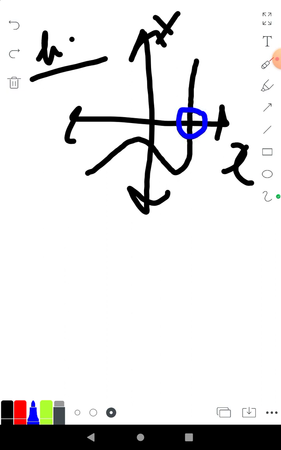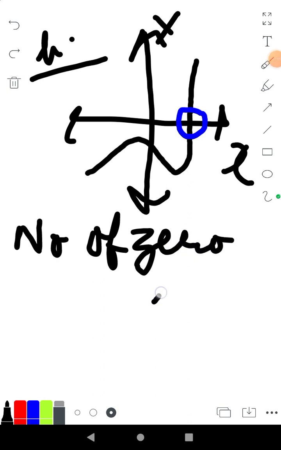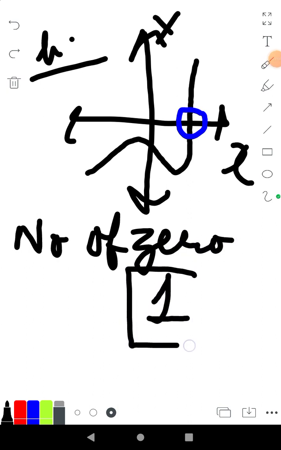So we can say that the number of zeros here is only 1, because it is cutting the x-axis at this point. So it is cutting at this point, so it will be the zero.